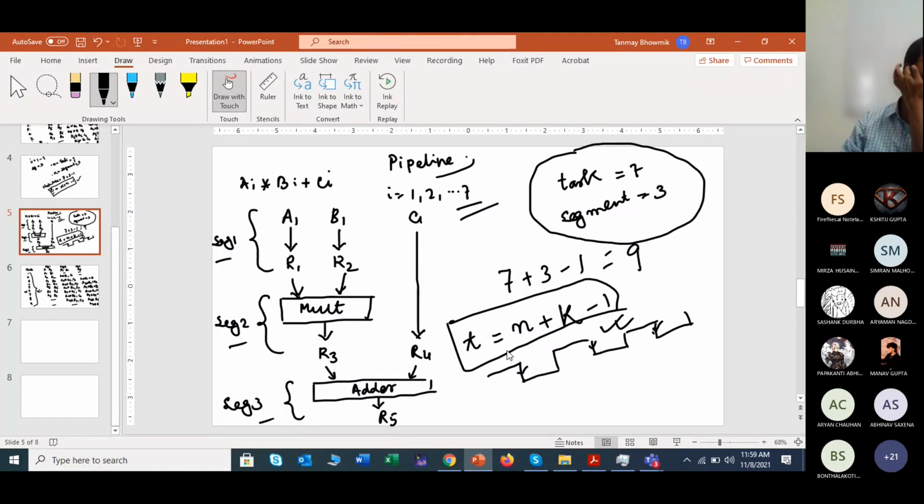So if the question says you are using a synchronized clock, then only you can use this formula. But if it is marked that the clock pulse is not synchronized, or asynchronous, then you cannot use this formula.